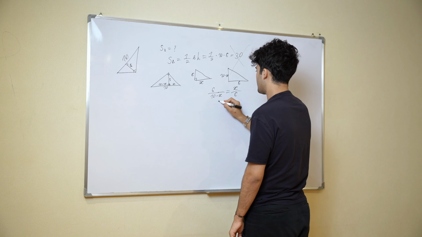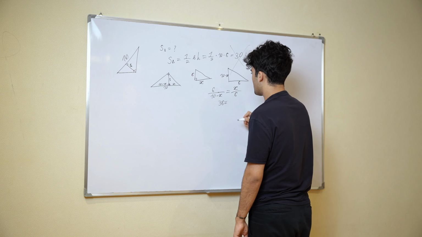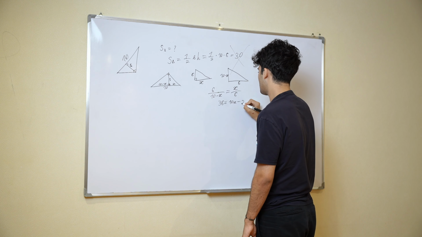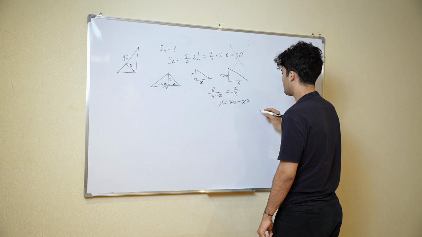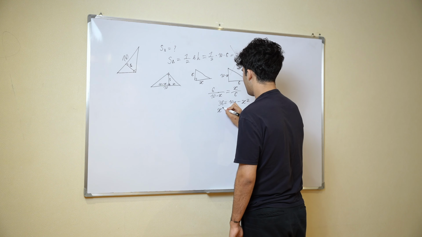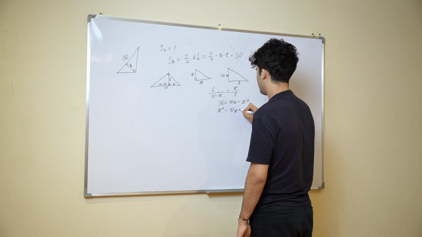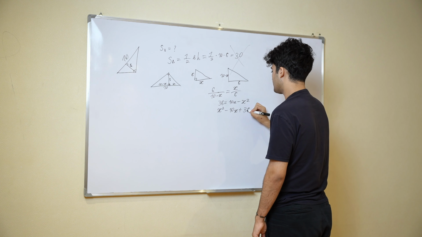Here we get 36 equals 10 minus x multiplied by x, which gives 10x minus x squared. And we get the quadratic equation x squared minus 10x plus 36 equals 0.